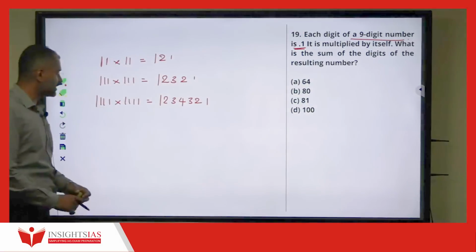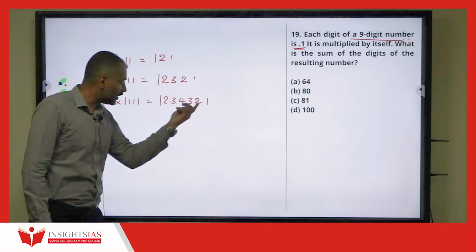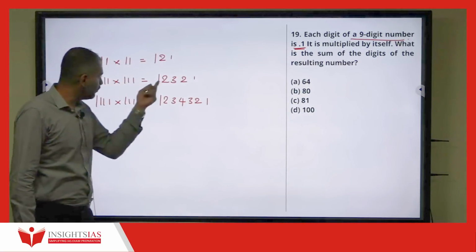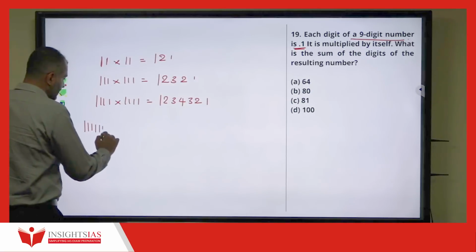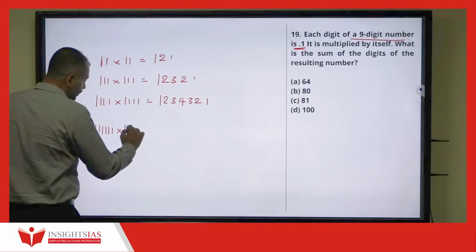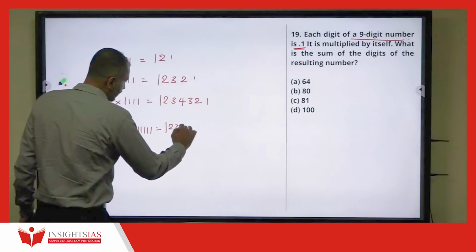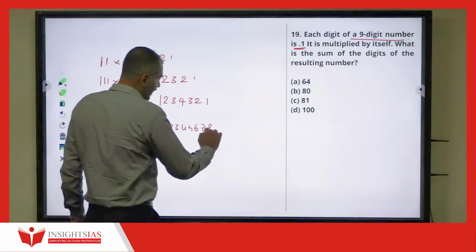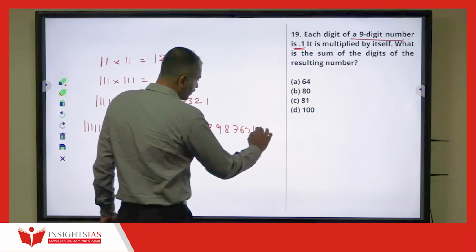See, look here, observe what is happening. When I write 4 here, that's 1, 2, 3, 4, afterwards 1, 2, 3 written. If it is 3, it is 1, 2, 3, afterwards 1, 2. Similarly, when I write 123456789 into 123456789, I will get 1, 2, 3, 4, 5, 6, 7, 8, 9, and afterwards 8, 7, 6, 5, 4, 3, 2, 1.